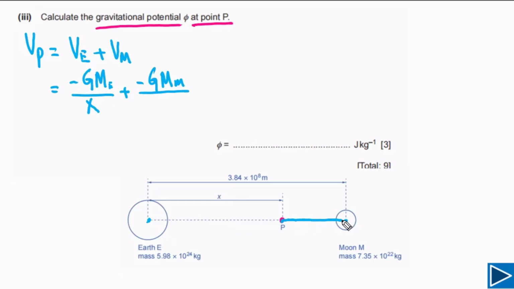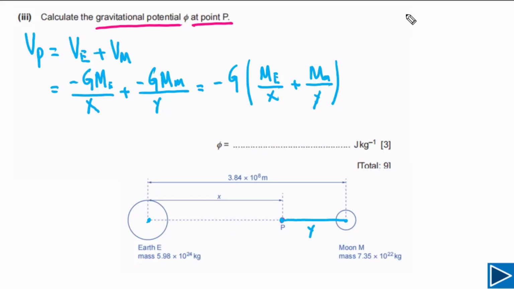As I mentioned before, let's say this distance is y, so this will be divided by y. In this equation we can take negative G common, and we are left with the mass of Earth divided by x plus the mass of the moon divided by y. Now we need to plug in values and we can find the value of potential at this point.